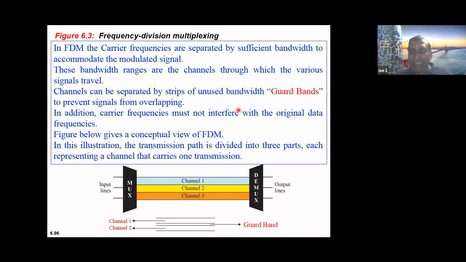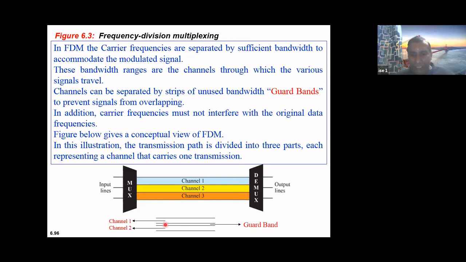I can take that as a guard band, so that traffic from this side should not get mixed with traffic from the other side. Understood, everyone? Yes, sir. So I have some guard band over here, and then another one. The people going from this side should not get mixed with this side.